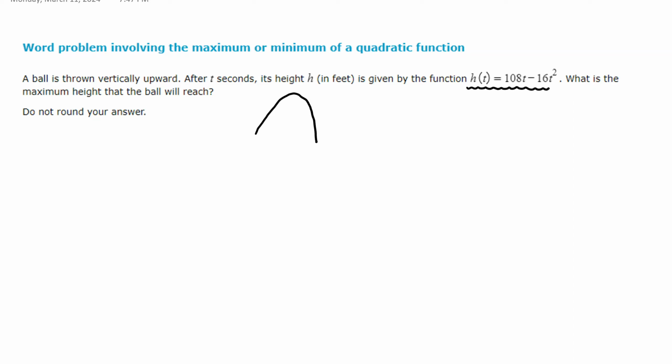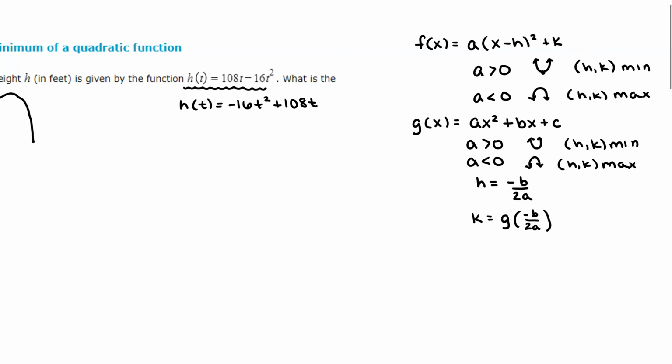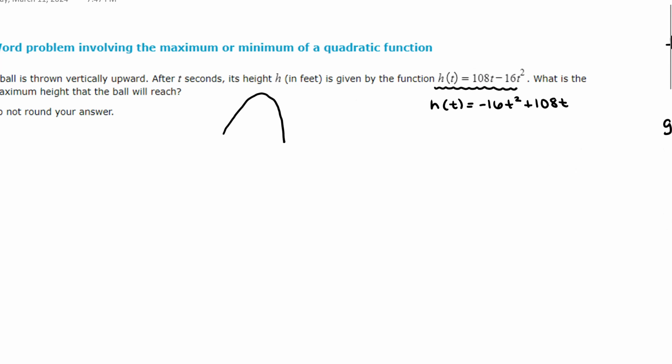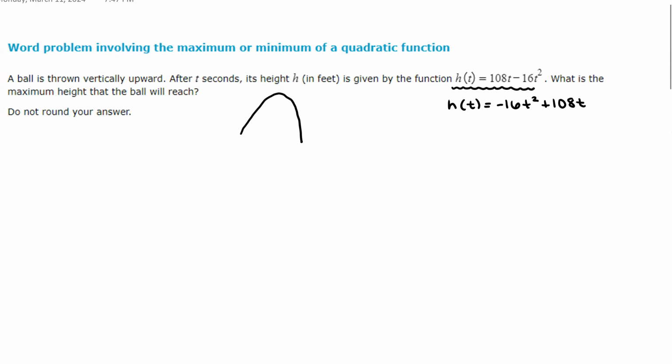So now, this makes sense because here my h of t is negative 16t squared plus 108t. Now notice I wrote that with my squared term first and my single term second because that is the order in ax squared plus bx plus c. It goes squared, single, constant. No constant here. It's because it was thrown, I guess, from the ground.